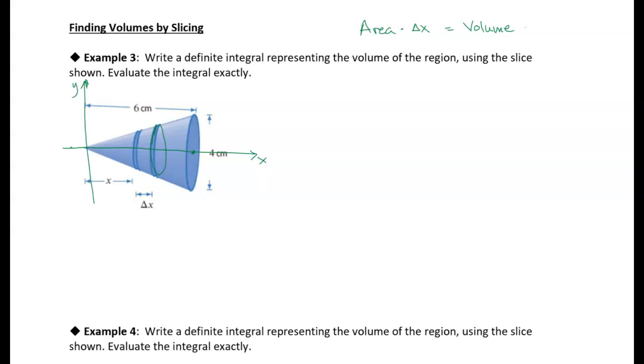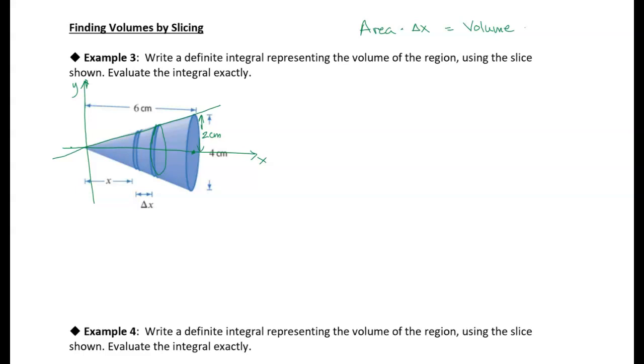And then you can see that the edge of the cone lies along a line, and it starts at 0, so we just need to find the slope. If the diameter of the cone is 4, then this rise here is 2 centimeters, the rise from the middle of the cone up to the line.